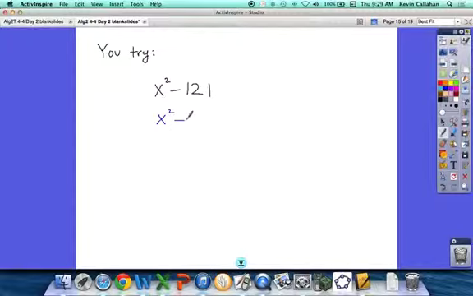Did everybody get that number? Ellie, what number squared is 121? What's that? 12? Nope. It's 11. Minus 11 squared, okay? So how does that factor? x minus 11, x plus 11. Piece of cake, right?